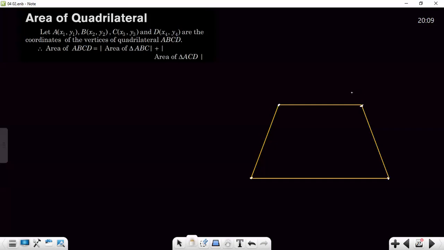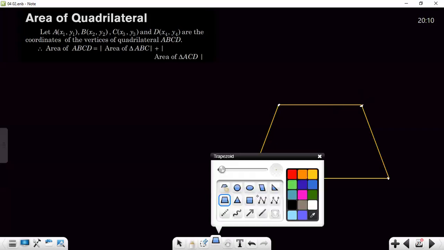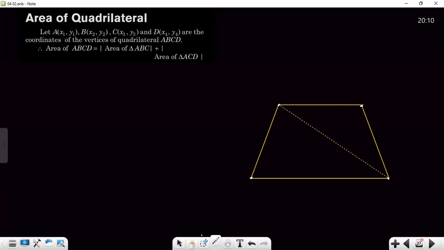So what you have to do is simply make 2 triangles out of it. Simply join these 2 points and find the area of the triangle ABC and the area of the triangle EDC and then add them. Simple. Area of triangle ABC and area of triangle EDC. Add them and that is the area of your quadrilateral. As simple as that.